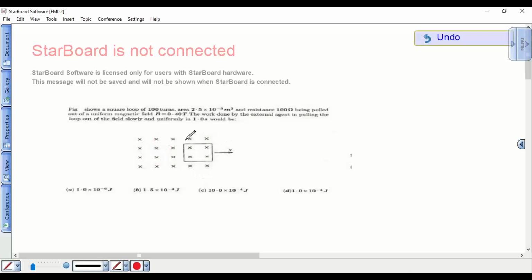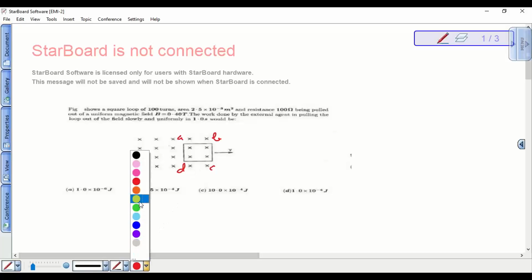Now if you name this loop as A, B, C, D, a section of length x of AB lies inside the magnetic field. So electromagnetic induction takes place, and now a force will act on the loop ABCD. See how a force acts. First let us see in what way the induced current flows, because the magnetic field goes into the plane of the page.